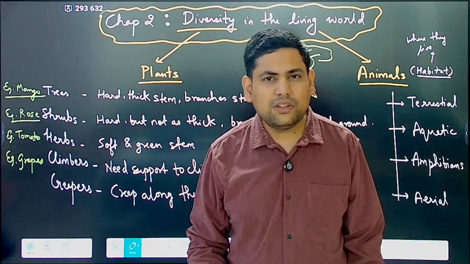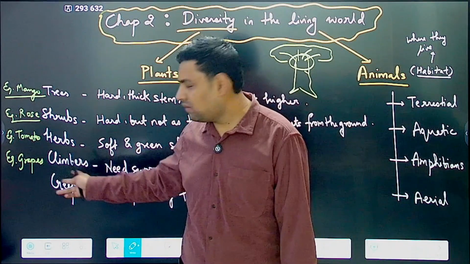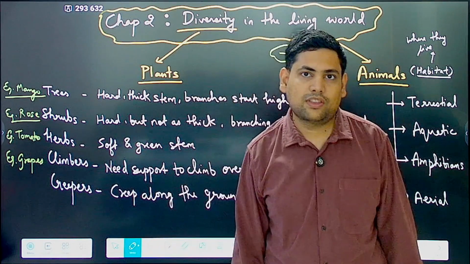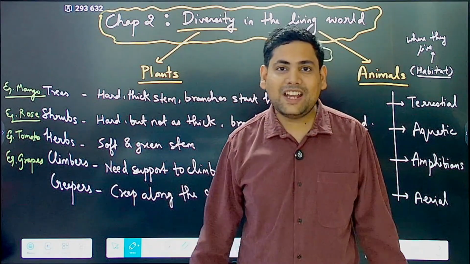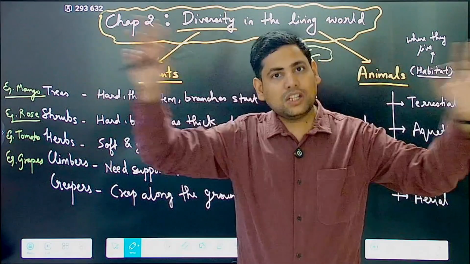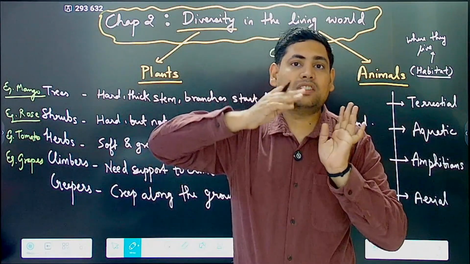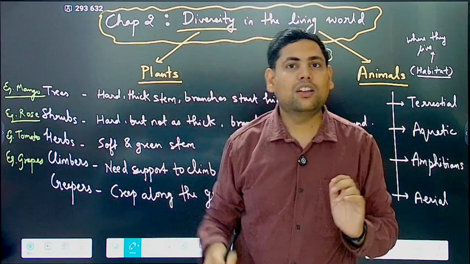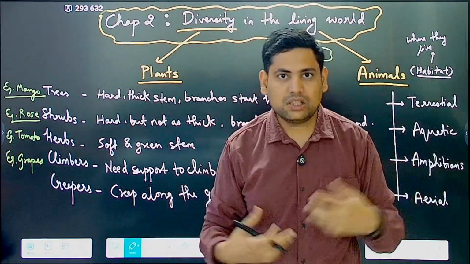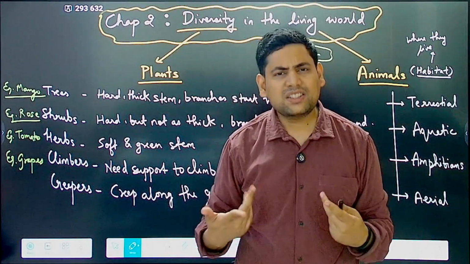Now that is very difficult to be carried by, for example, climbers or herbs or even shrubs. For example, pumpkin. Just think, to carry pumpkin, it will require so much. Like if I have to carry pumpkin in a tree, let's say, then the tree must have branches that are this big. Then only it will be able to hold that big piece of pumpkin above the ground. Correct? So that is actually not possible.